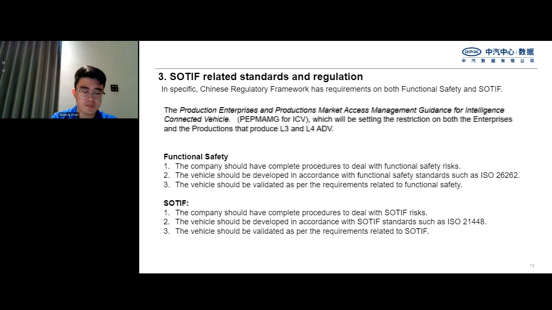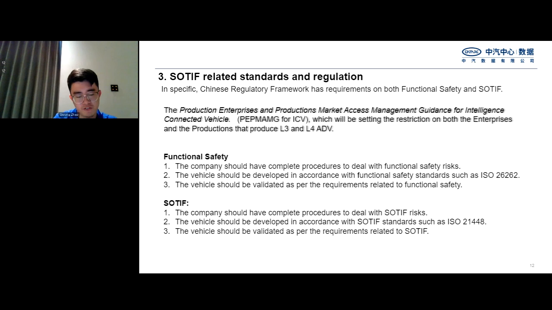Specifically in China, we have a regulatory framework with requirements on both functional safety and SOTIF. The full name in China is the Production Enterprises and Products Market Access Management Guidance for Intelligent Connected Vehicles. It's pretty long, so in short we just call it PEMAC for ICV. It sets restrictions on both the enterprises and the products that produce L3 and L4 AD vehicles.